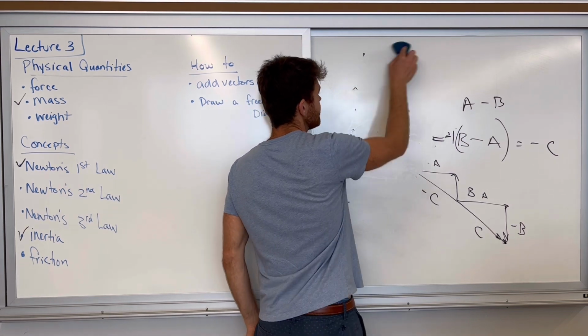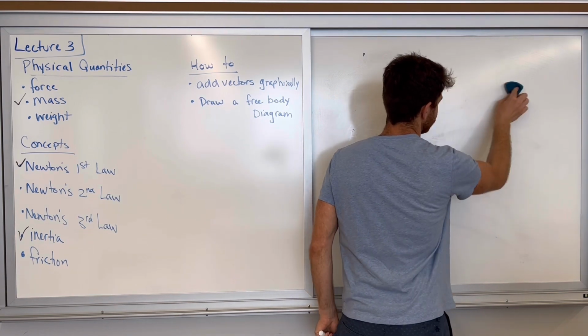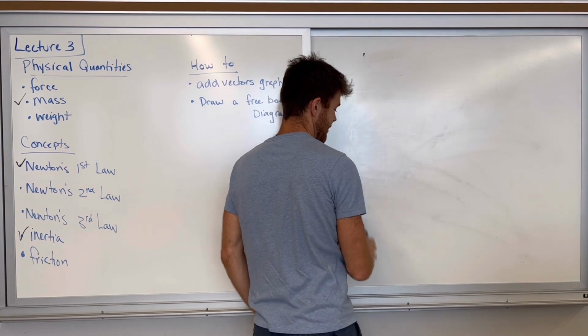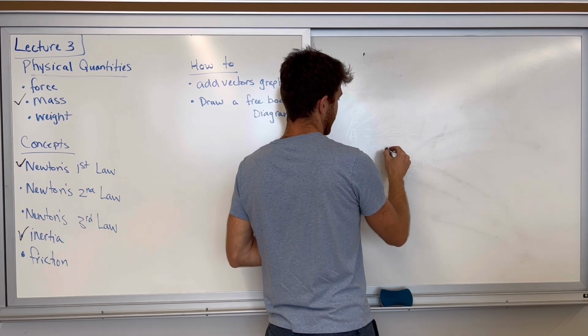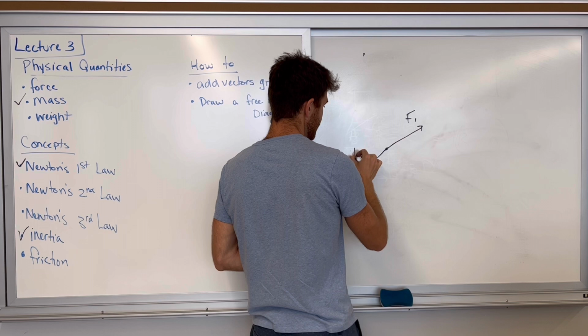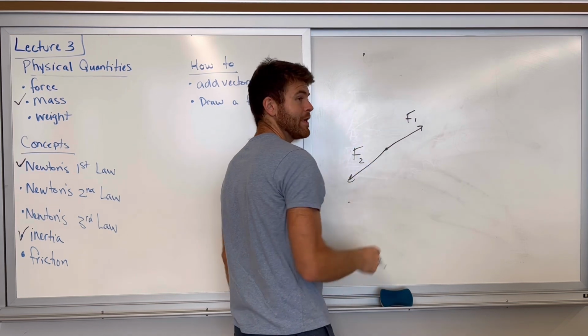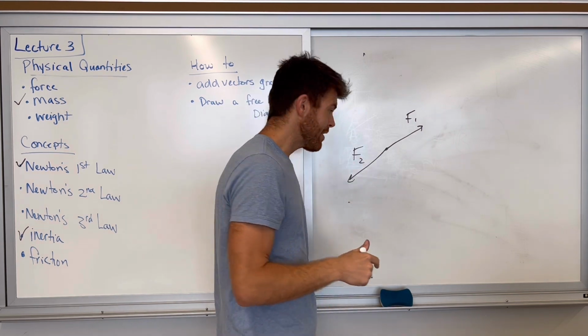And so if we have multiple forces acting on an object, let's say we have an object, we have a force F1 acting that way, and a force F2 acting this way. And let's say F1 and F2 are equal magnitude, but they point in opposite directions.